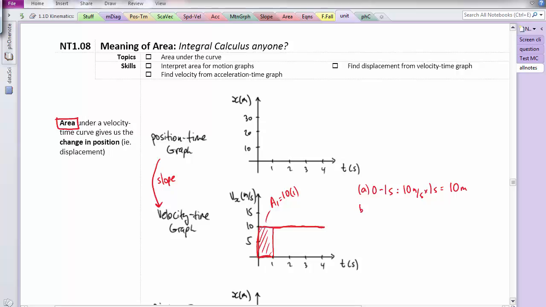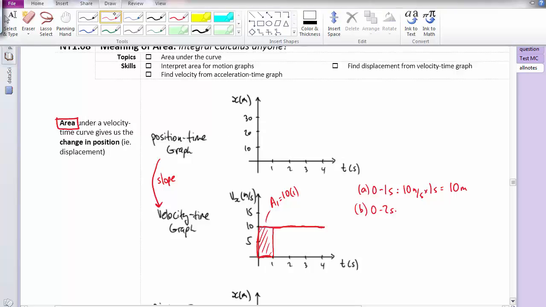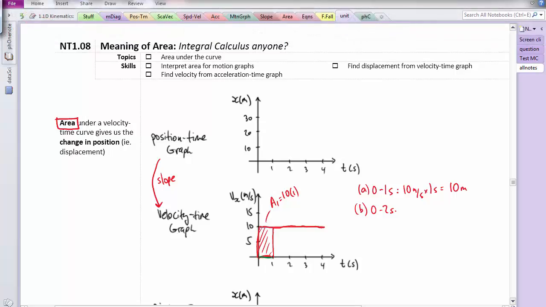And we can do this for different time intervals. If we do 0 to 2 seconds, in green, that would be this area here. To calculate that, it would be 10 meters per second, that's the height, times 2 seconds. The seconds cancel out, and this gives us 20 meters.